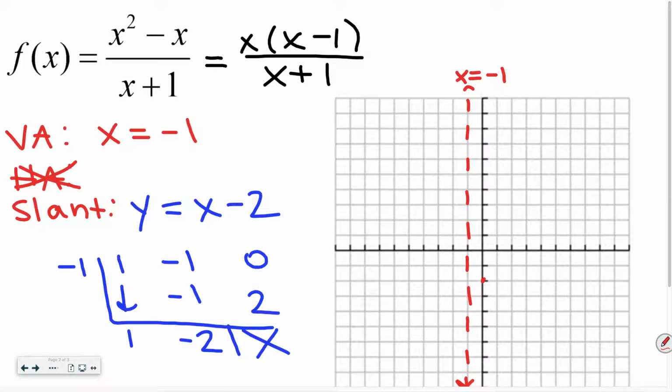Okay, and we have a slope of 1. So you can get out an idea of some sort and use it as a straight edge. I have rulers if you want to use rulers, or if you just want to make it so that we have a slope of 1. There's our slant asymptote.